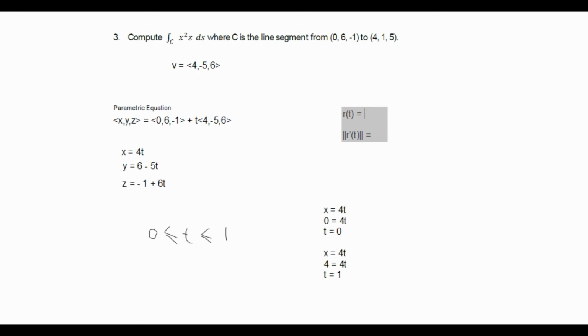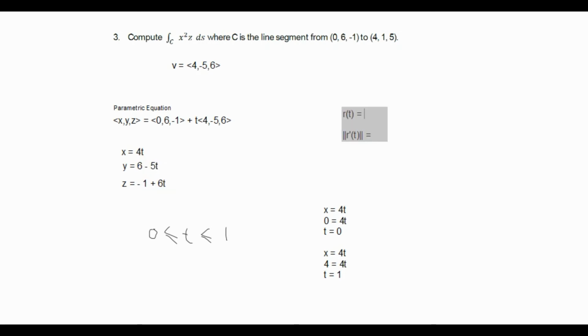And so now we have our limits already. What we have to look for last is to find r(t) and r prime(t), the magnitude of r prime(t). So r(t) is simply all these values, the parametric equation, 4t, 6 minus 5t, negative 1 plus 6t.